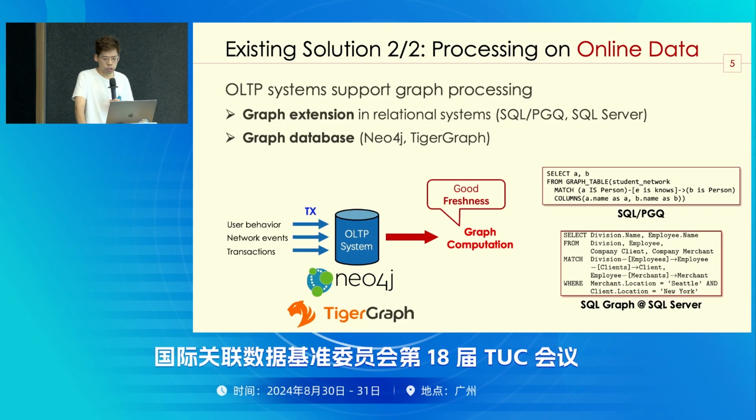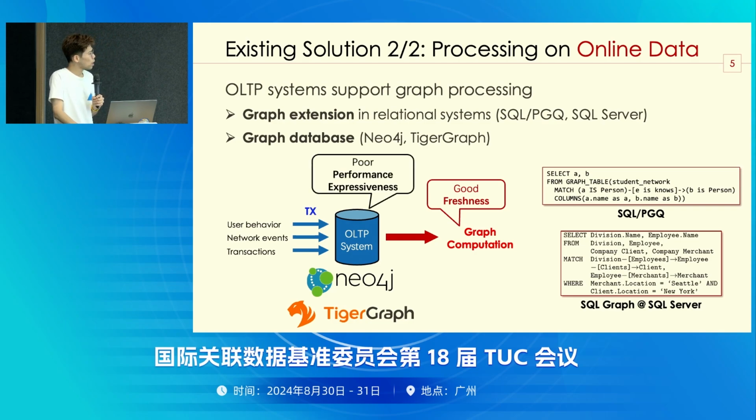These solutions can achieve good freshness of the graph computation, while the transaction performance and the graph expressiveness will be limited, because the classic optimizations of RDBMS cannot easily be applied to graph databases, and we need to redesign them on this new type of system.